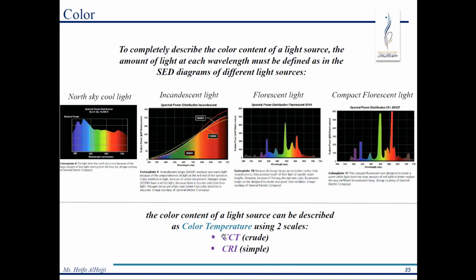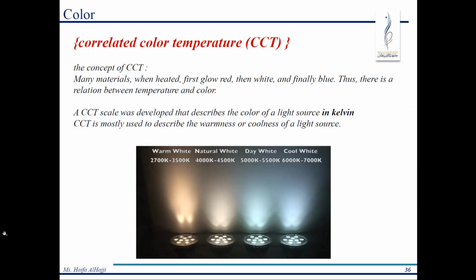Now let's have a look at the CCT. As I told you, CCT is the abbreviation for correlated color temperature. As we can see here, each temperature represents a certain color range, for example from 2700 kelvins up to 7000 kelvins. Now, where did this scale come from?